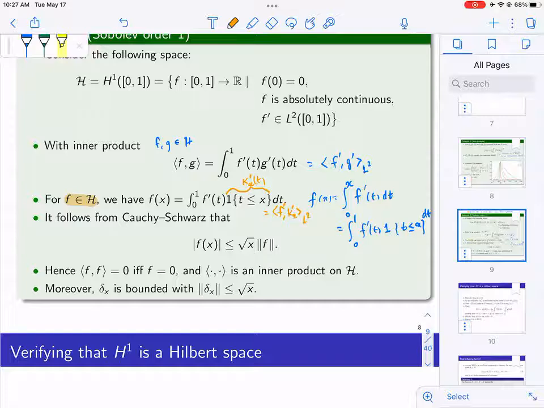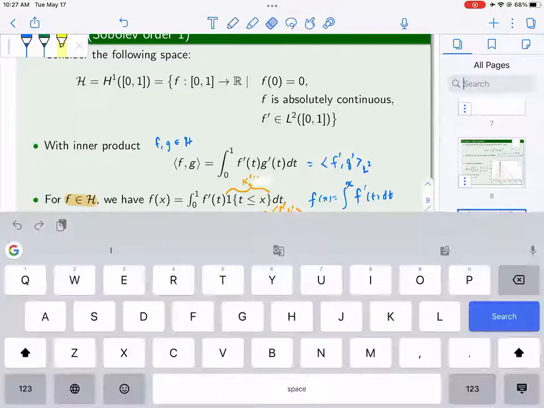This is suggestive. If I can do that, then, yeah, let's not do that. Okay, we'll do that later.